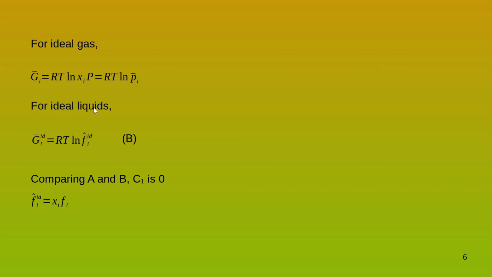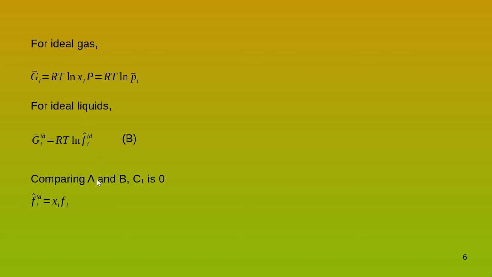Similarly, this motivates us to write for ideal liquids Gi, that is the partial Gibbs free energy of component i in an ideal mixture, is RT ln fi^ID, where fi is the partial fugacity of component i in the mixture and ID represents it's an ideal mixture.